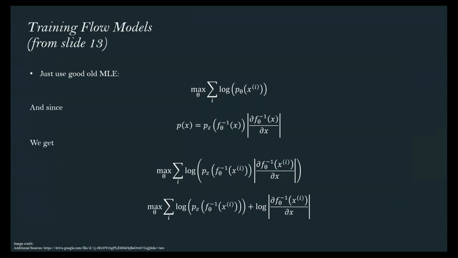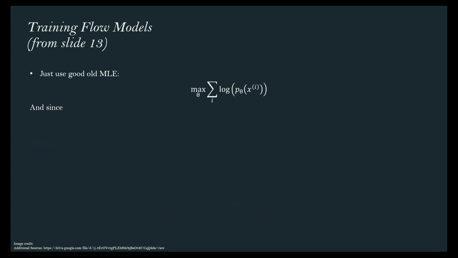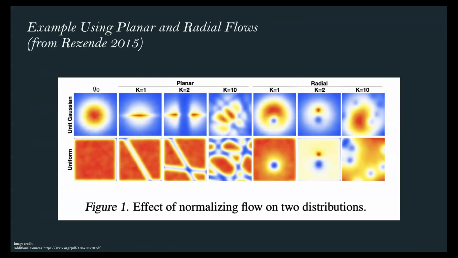I'll pause here. Did anybody have any questions on the training? Nope, sorry, on the color plots that you shared, it's just illustrative of mapping starting with a Gaussian or a uniform and then applying normalizing flows to show that if you do that, then you can pretty much get to any other kinds of distributions that you're trying to map to, right?